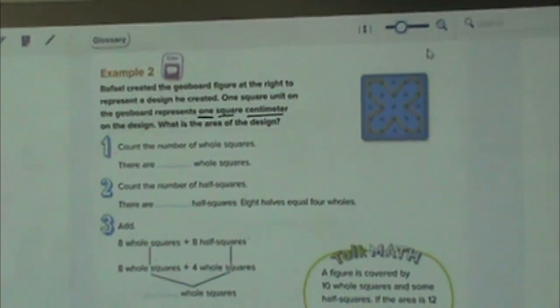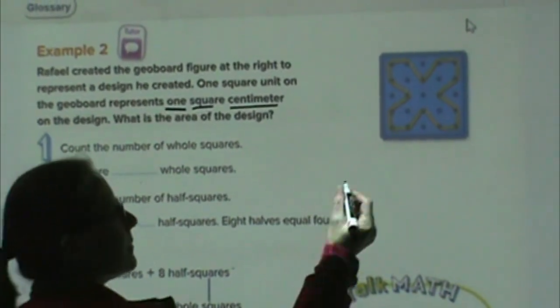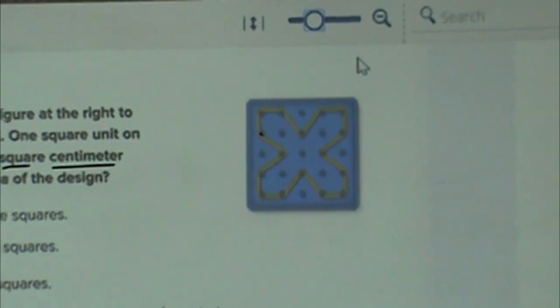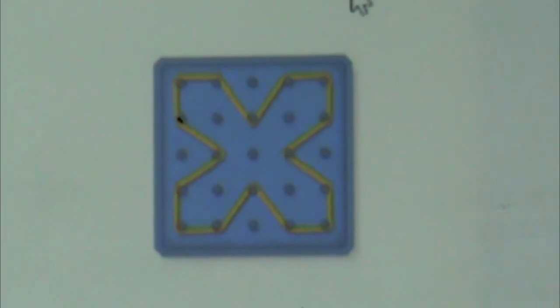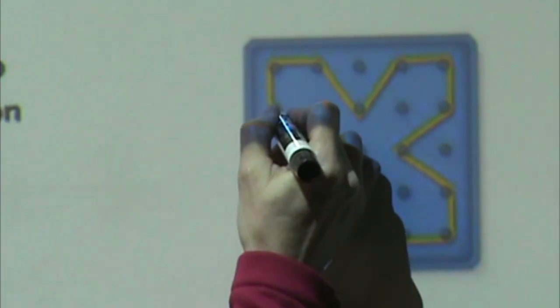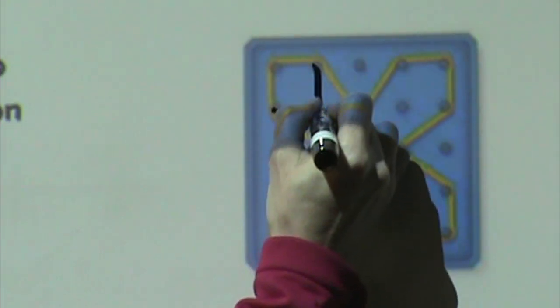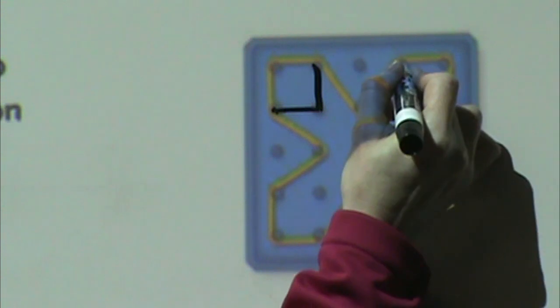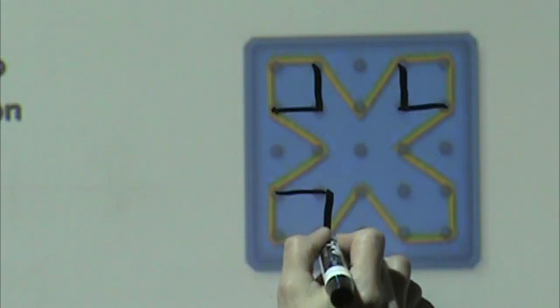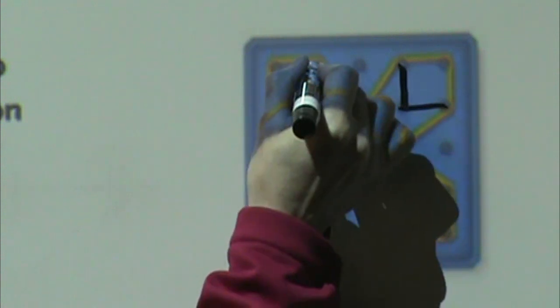There are whole squares. So I'm going to go ahead and trace the inside of this geoboard peg to peg. And that will help me see the wholes and the halves. So you can go ahead and trace with me. I'm going to start with the 4 corners because that was easy for my eye to see.